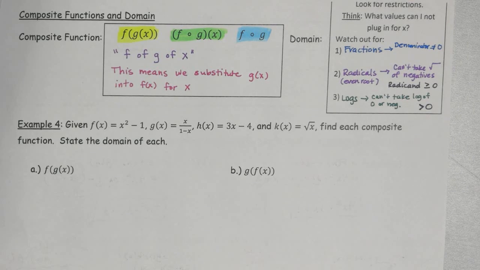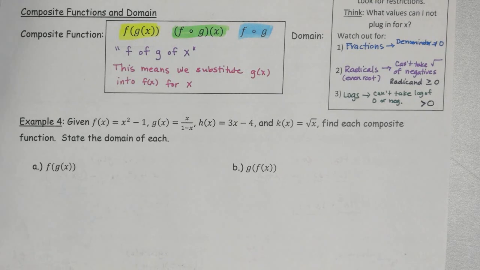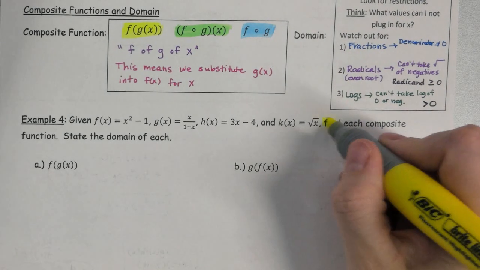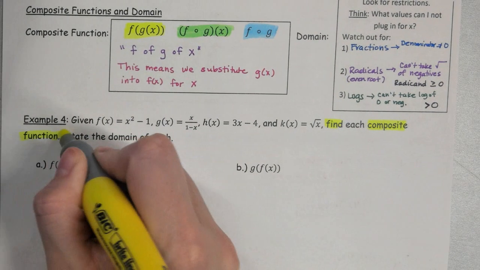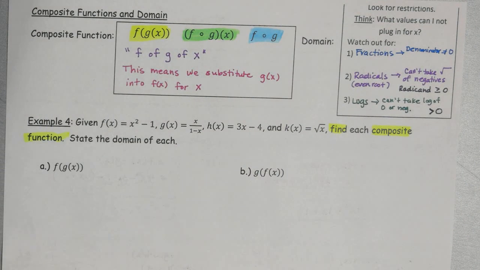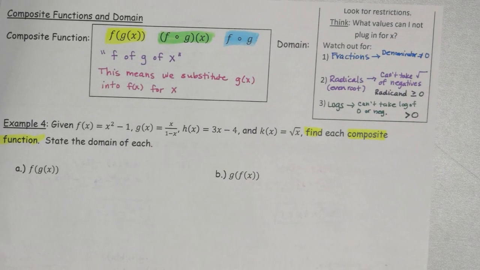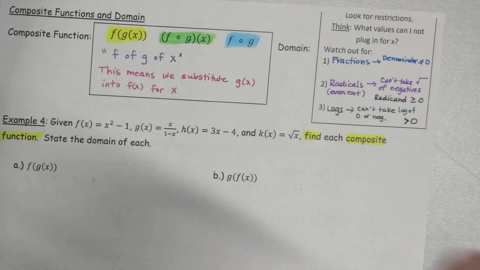Alright. So, for this set, we are going to be given a bunch of equations, and then we have to find the composite function. When you are finding the composite function, this should be simplified. Okay, so we're going to make sure that we simplify.